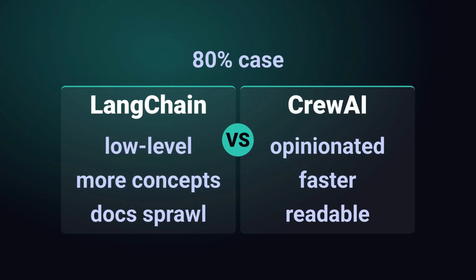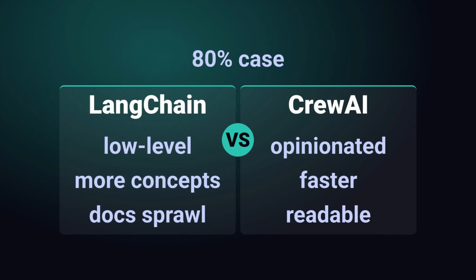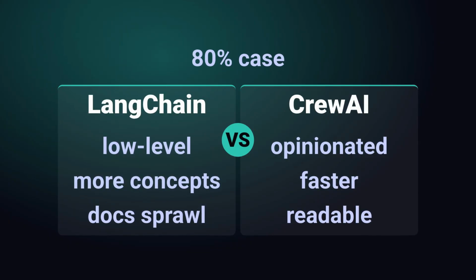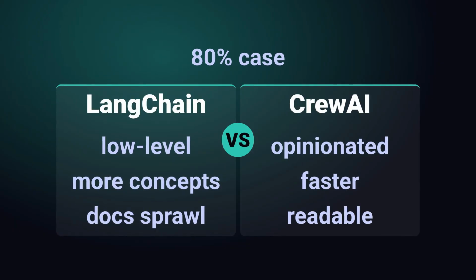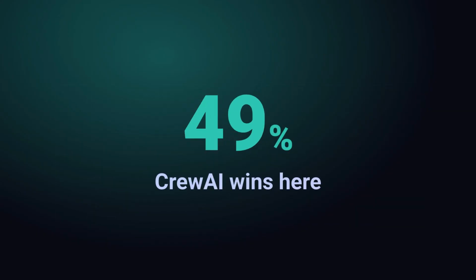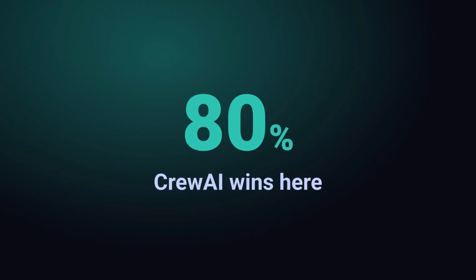But here's where the lock-in question gets sharp. CrewAI's cleanliness is a boundary. When you want behavior the role-task-crew model didn't anticipate, a tool that needs to inspect the full conversation state, dynamically rewrite another agent's instructions mid-run, or manage a long-lived external connection, you start pushing against the framework instead of building with it.